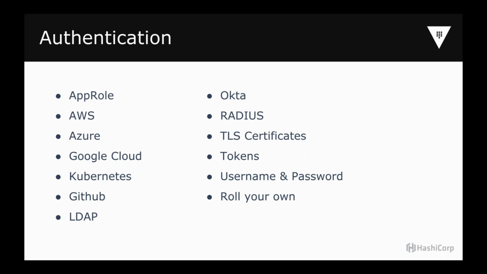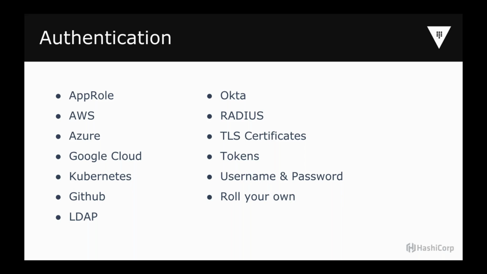So a web worker calls in for Vault access and says, I'm part of that role, and then is granted access. We do that using Amazon's GetCallerIdentity service. But there are other ways.